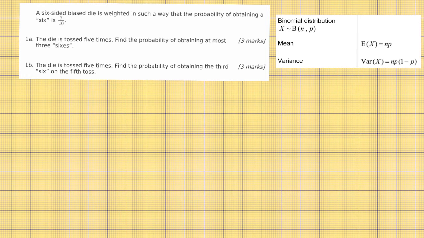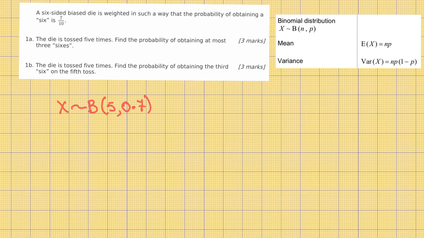This is a binomial distribution where our variable x belongs to a binomial distribution with the number of trials 5 and the probability of its success, which in this case is obtaining a 6, of 0.7.